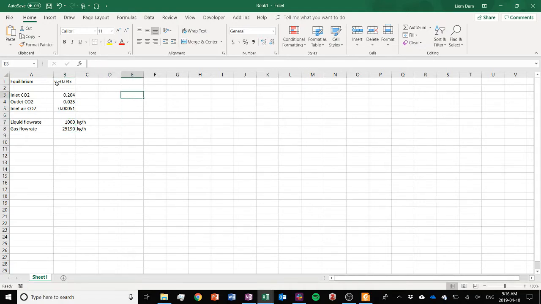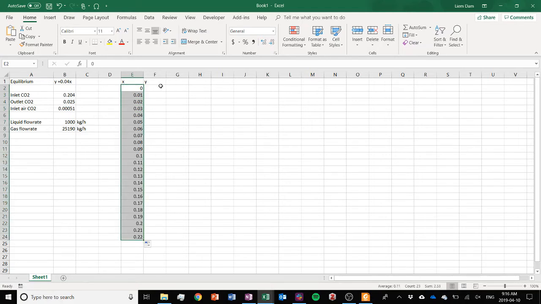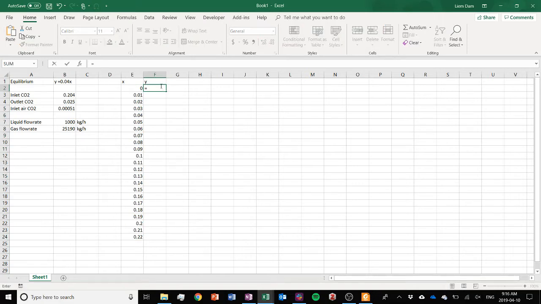Right, so what should we do? Let's start by drawing our equilibrium. So X and then Y. X is just going to be an arbitrary reference value, so we'll start with 0 and then 0.01, and then we're just going to drag this down until we feel this is sufficient. I'm going to stop here. Now for Y, the equation is simply Y equals 0.04x, so it's going to be x times 0.04.